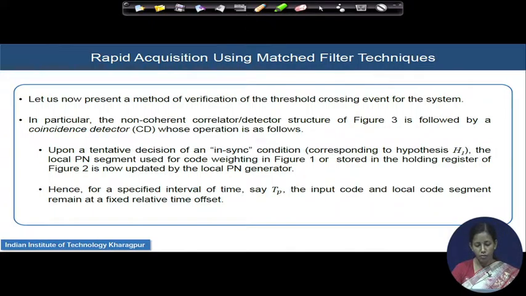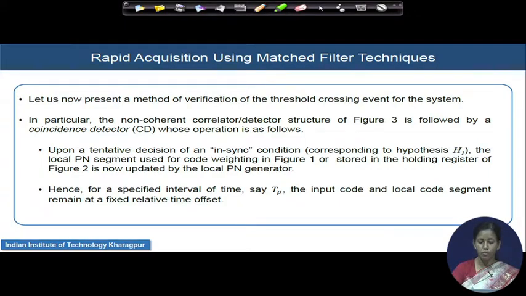Inside that structure, this correlated detector architecture is followed by another detector called a coincidence detector. The task of this coincidence detector is to declare whether you are in sync condition or not.